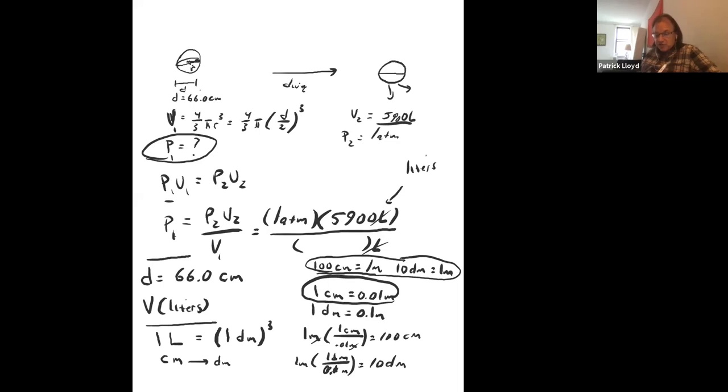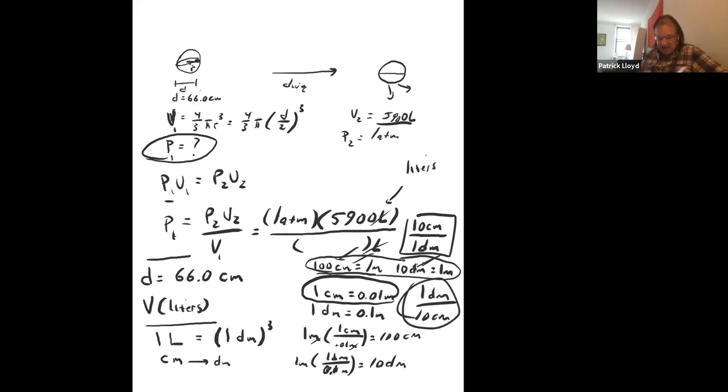So what that tells you is there's 10 centimeters per 1 decimeter. Right? Because if you have 100 in a meter and you have 10 in a meter, that means there's 10 of these for every one of those. So it's a 10-to-1 ratio. So there's 1 decimeter for every 10 centimeters. Now you got a nice conversion there.